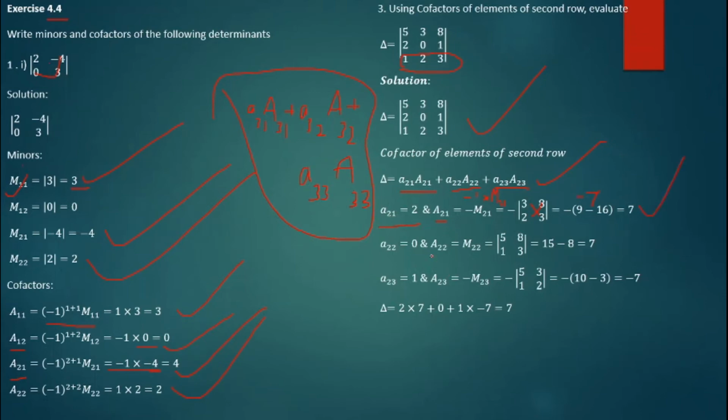Now A22. How do we go for A22? A22 means the positive minor, so plus M22. 5 into 3 is 15, minus 1 into 8 is 8, so 15 minus 8 is 7.